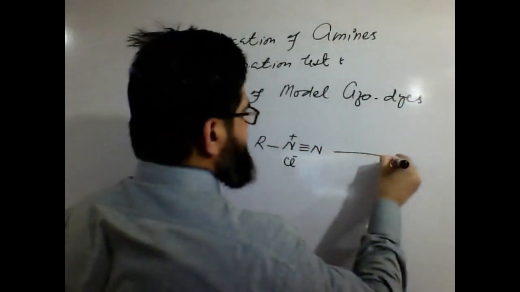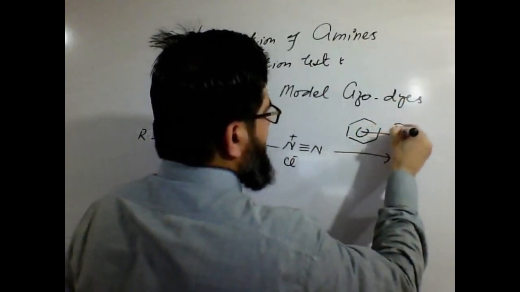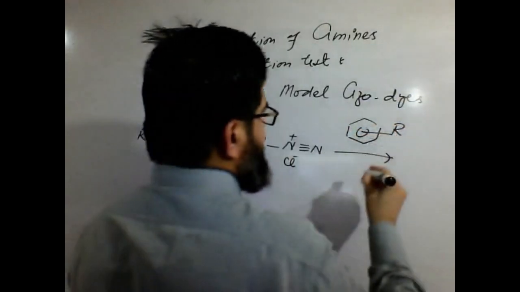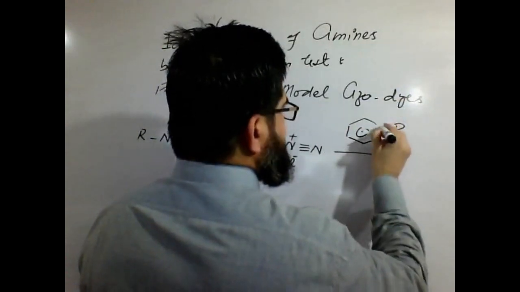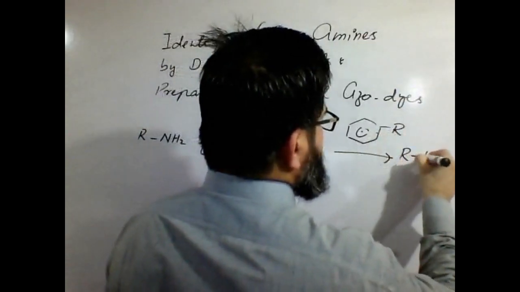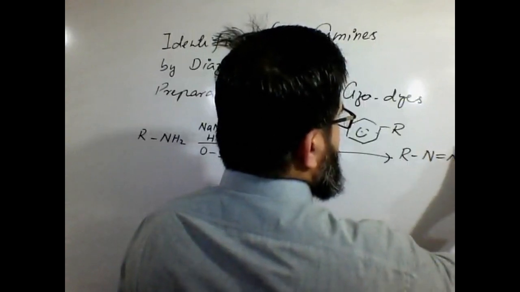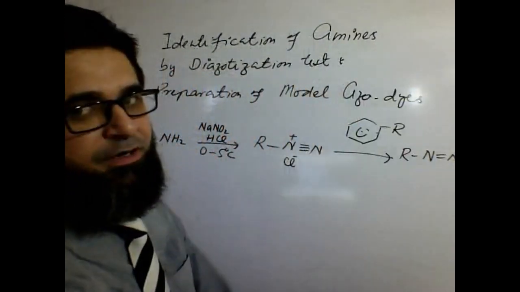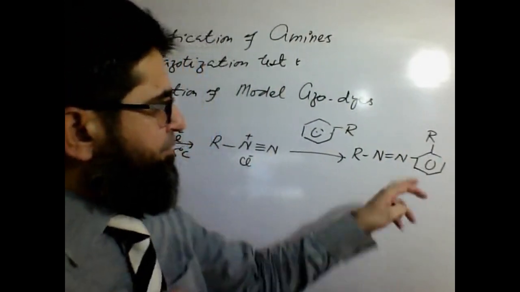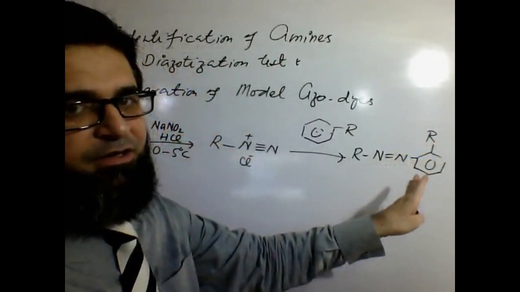What we do, we bring in some sort of aromatic compound having any sort of substituent on the benzene, and it undergoes coupling on the aromatic ring, depending upon the nature of the substituent, whether it is ortho-para directing or a meta director.